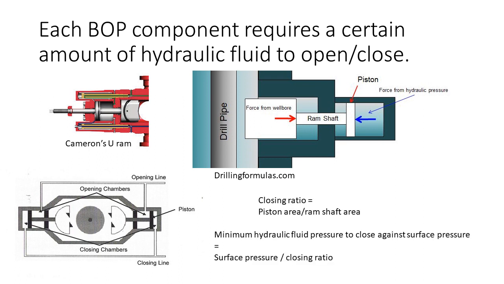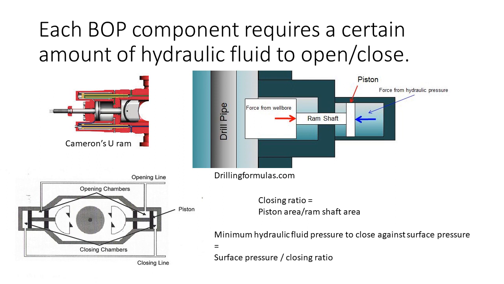The closing ratio is equal to the piston area divided by the ram shaft area. The minimum hydraulic fluid pressure to close against the surface pressure is the surface pressure divided by the closing ratio. This could dictate for us the minimum pressure, depending on our surface pressure.